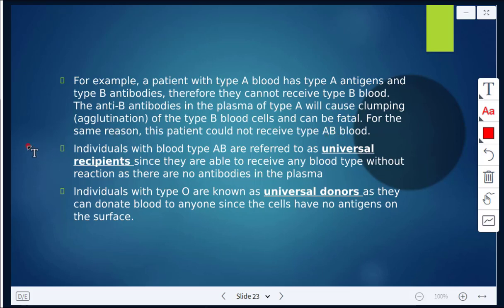So people that have type AB are referred to as universal recipients because they're able to receive any blood type without a reaction because there are no antibodies in the plasma. And individuals that have type O are known as universal donors because they can donate blood to anyone since the cells have no antigens on the surface.